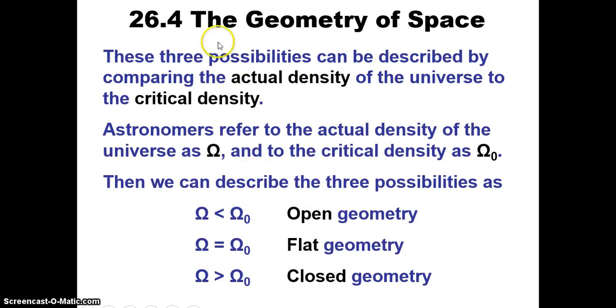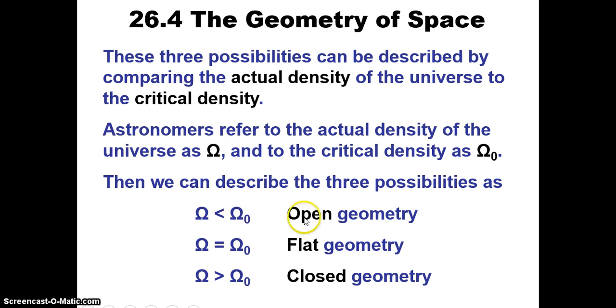All right, so these 3 possibilities can be described by comparing the actual density to the critical density. The actual density is omega, and the critical density is omega naught. Generally we look at the ratio of omega to omega naught.